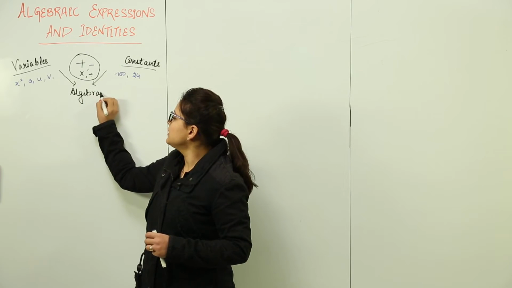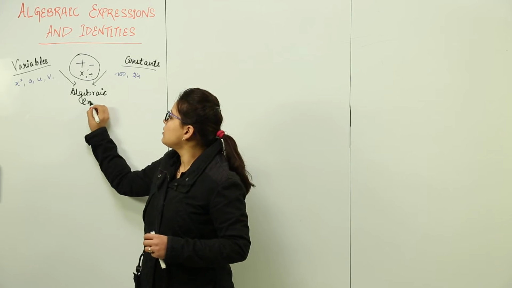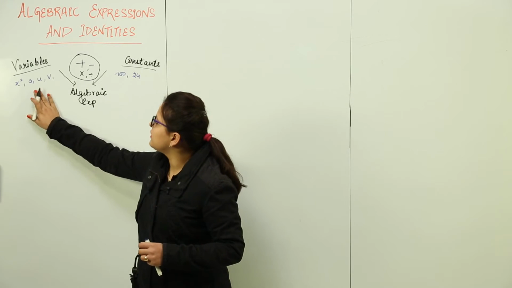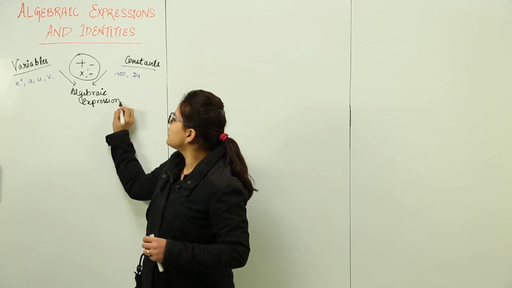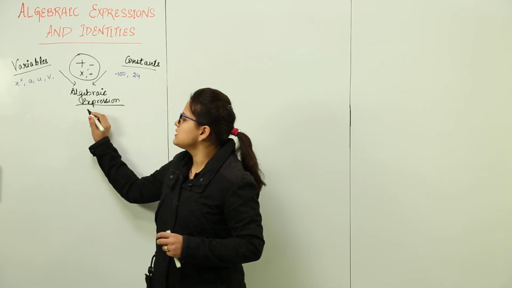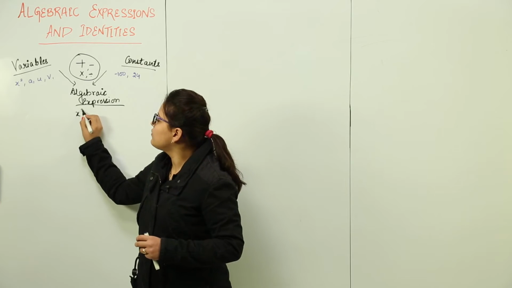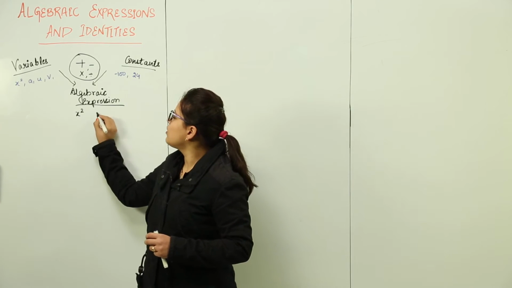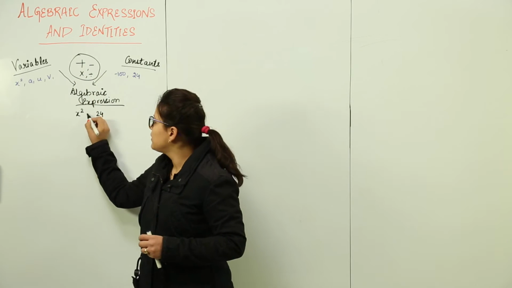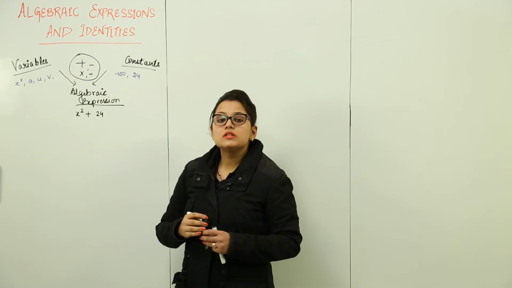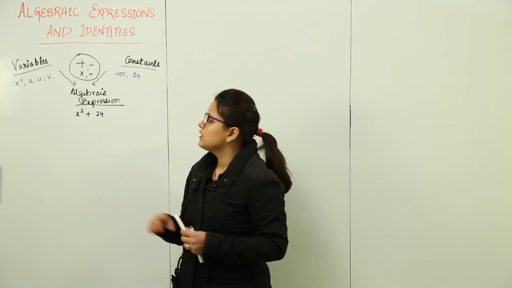Now, we have been doing variables and constants separately. Can you tell me an example of an algebraic expression now? Yes, it is very simple. We take one variable, we take one constant, and we put any of these operators between them. For example, this. So this is my algebraic expression, right?